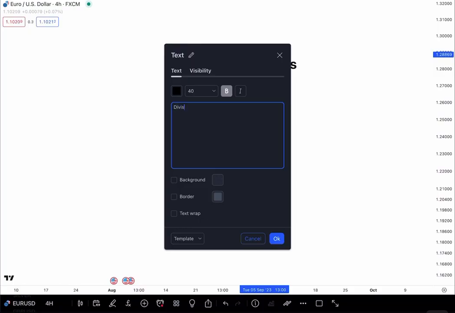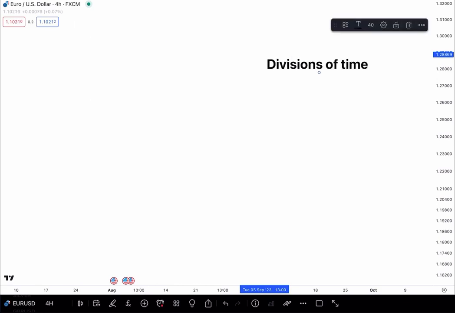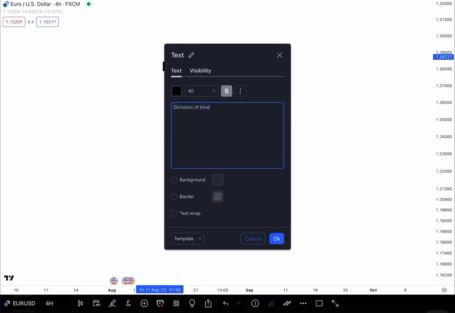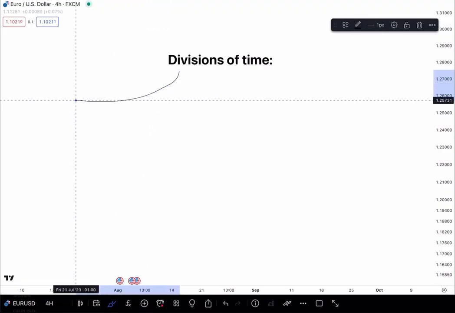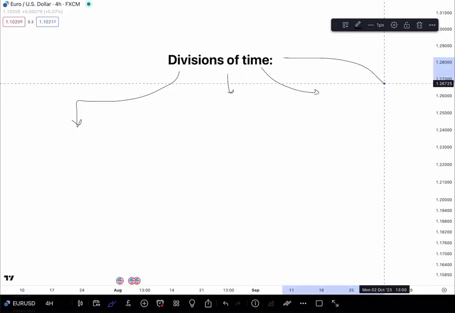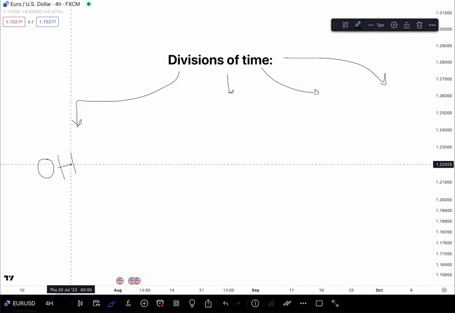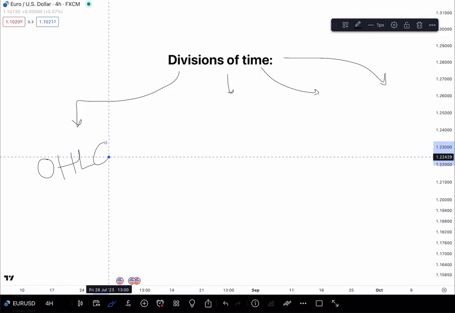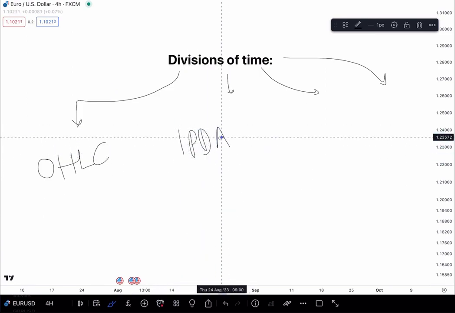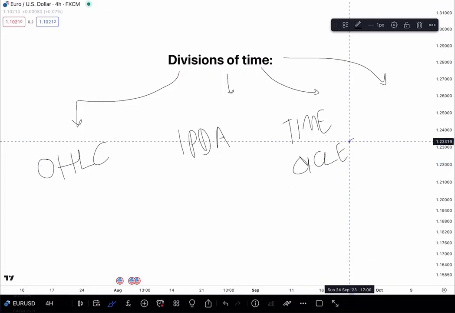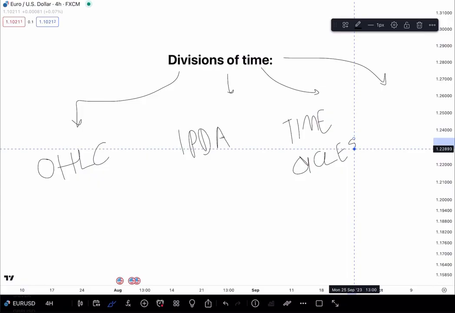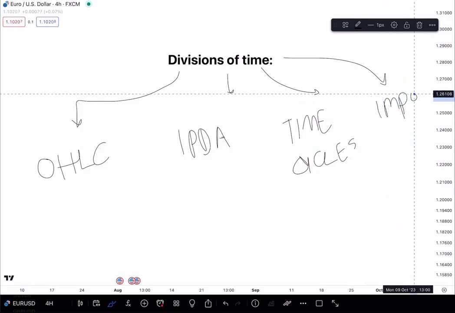The divisions of time. When I say time, I'm referring to either the open, high, low, and close, the IPDA data ranges, time cycles, and important dates for swing traders.